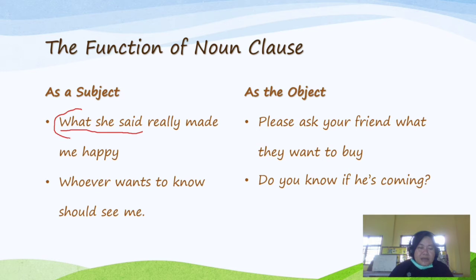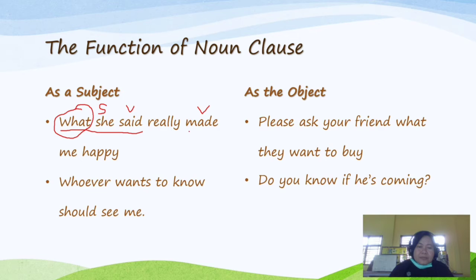This is the conjunction, what. And what is the verb here? This is a verb, and this is also a verb. But we have to find out the subject first, everyone. The verb is said, and the subject of said is she.